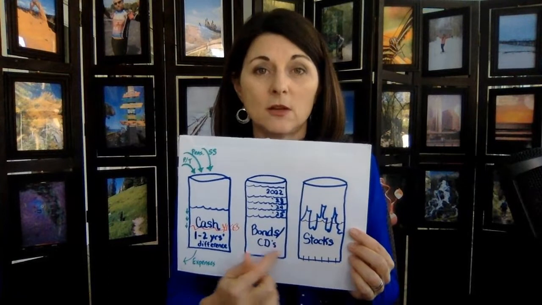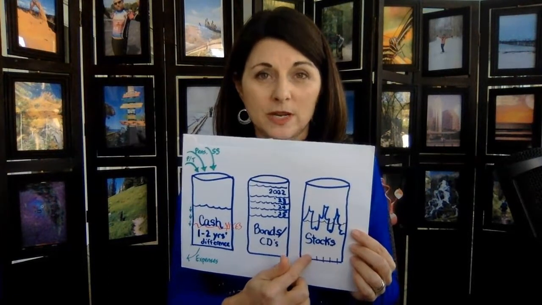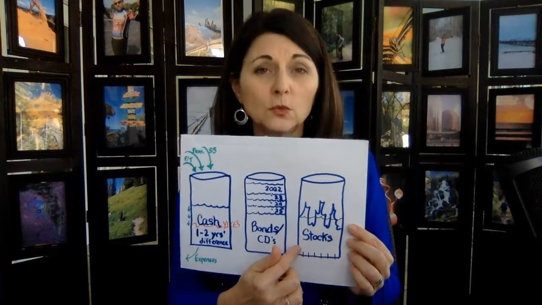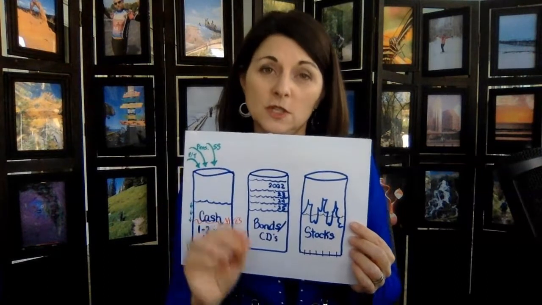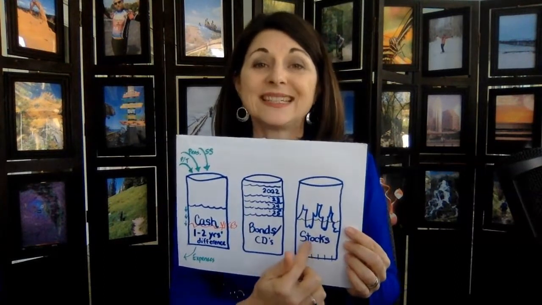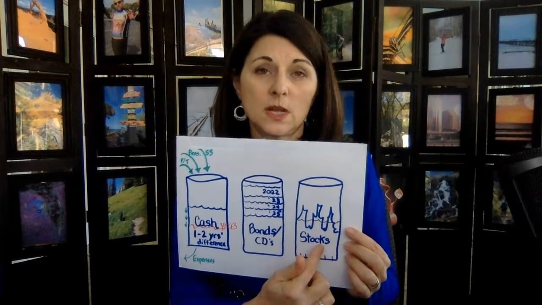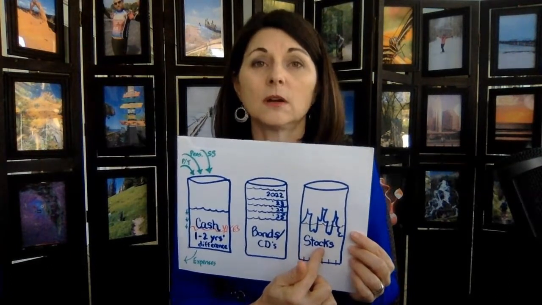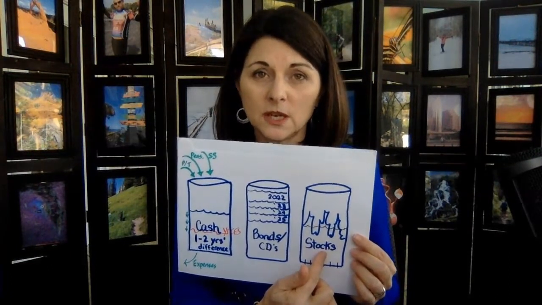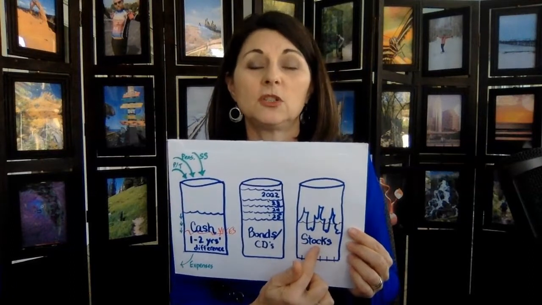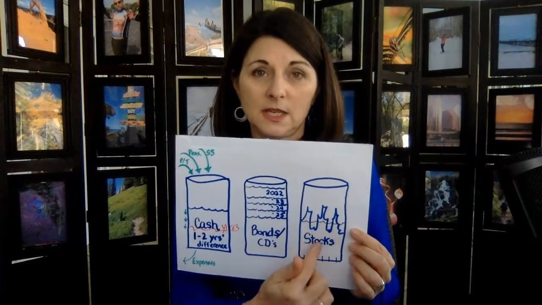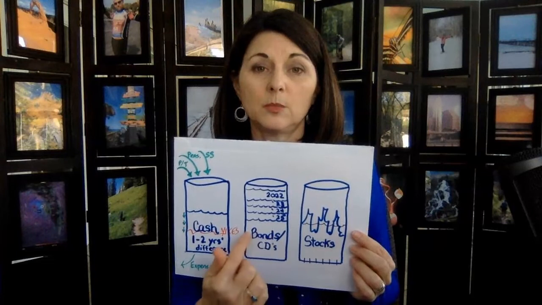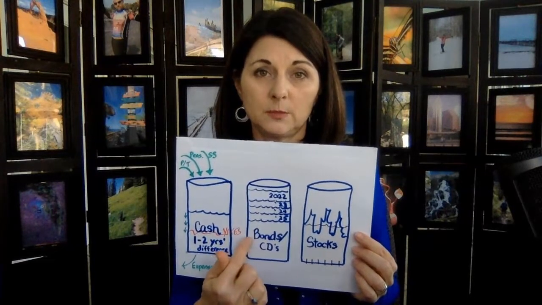So figuring that out is a very important part of the equation. As a general rule, if when you did your worksheet you found that more than 70% was in stocks and you are within 5 years of retirement, I would suggest you consider reducing the stocks bucket and begin to put more in the bonds and CDs bucket.